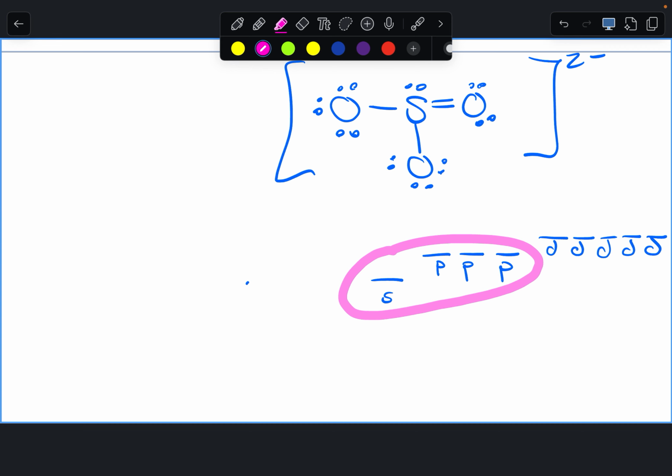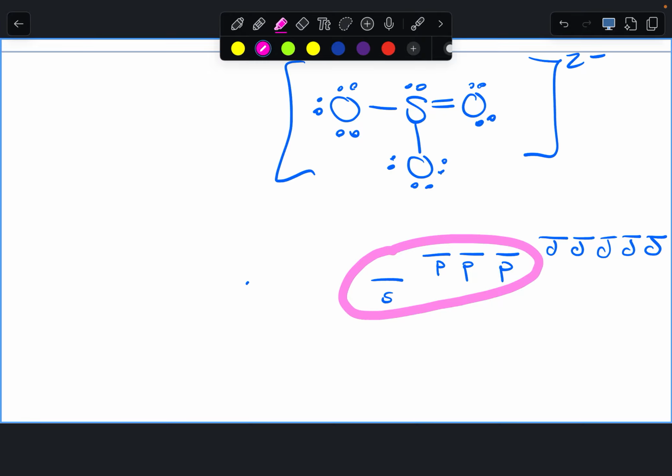This is where I start to lose people because they're like, what does that mean? It doesn't mean anything, okay? No one is coming in and mixing orbitals for SO3 2-. It is a way we describe what happens, because when we look at SO3 2-, we know it has 4 orbitals surrounding the sulfur.